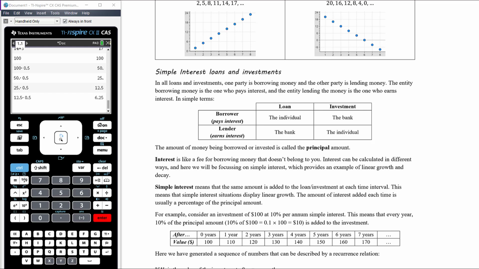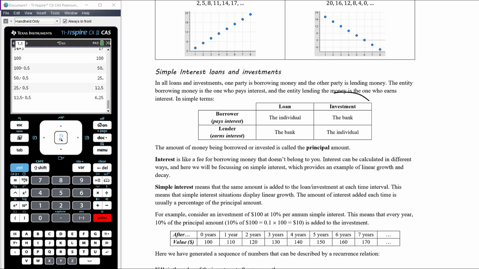And the entity borrowing the money is the one who pays the interest, and the entity lending the money is the one who earns the interest. So if it's a loan, for example, the borrower is the individual. I am borrowing the money from the bank. The lender is the bank. Okay, so I as the individual, for the privilege of being able to borrow this money that isn't mine, pay interest to the bank. So the bank earns the interest, I pay the interest.